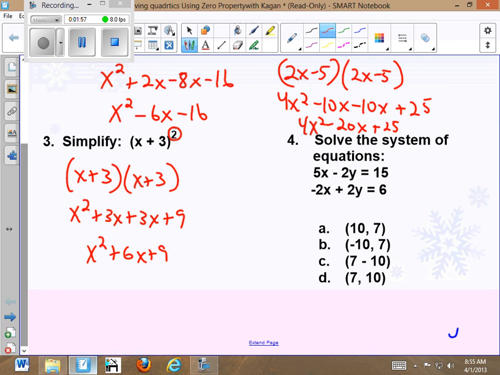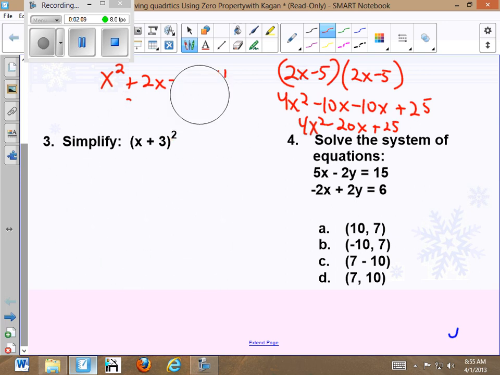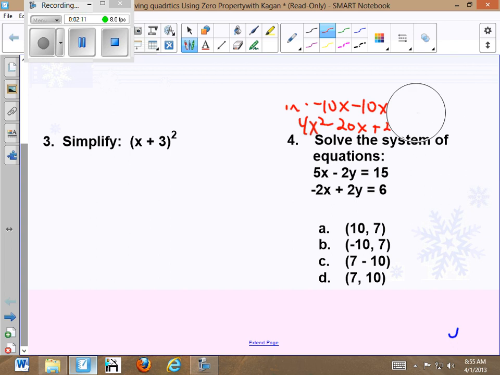Solve the systems of equations. Now this is just like what you're going to see on the CRT. So let's pretend I don't know how to solve systems of equations. Can anybody think of a way that I could find the correct answer without knowing how to solve this system of equations? Can anybody think of a way to do that?